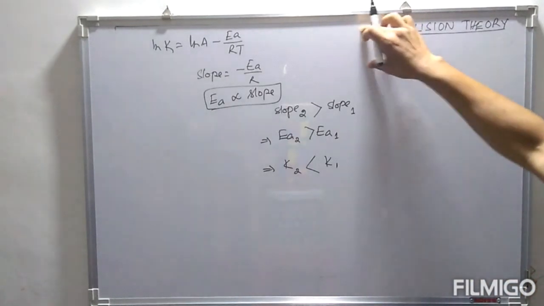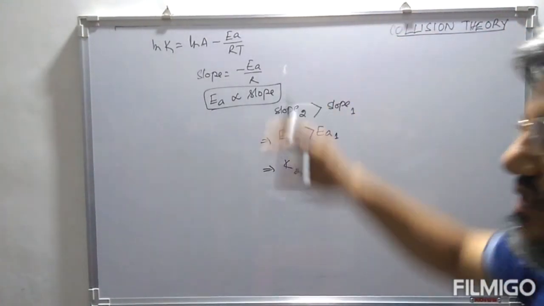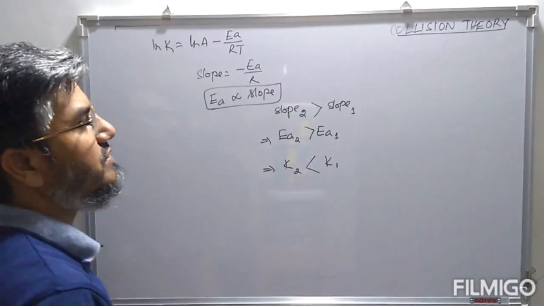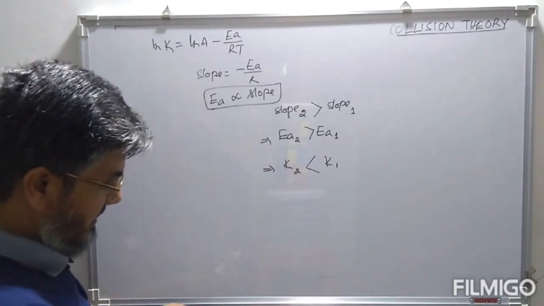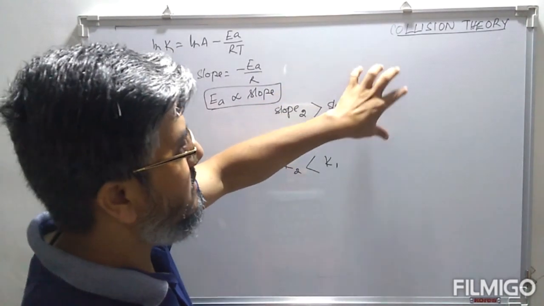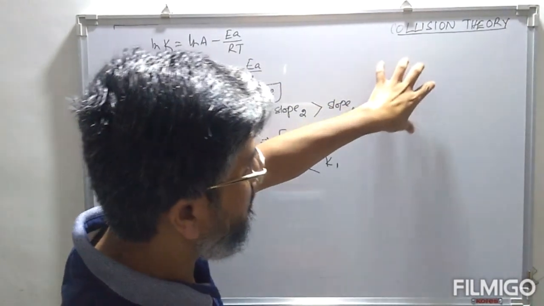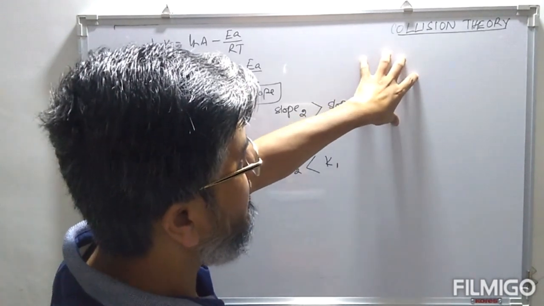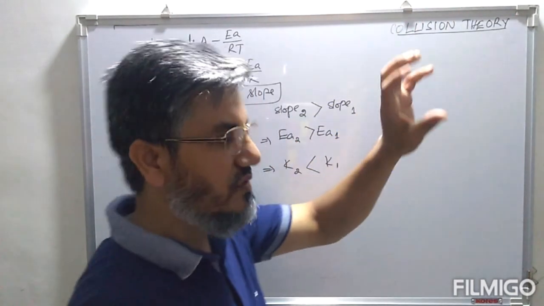Now, what is the basis of collision theory? The main basis of this collision theory is that during the course of a chemical reaction, the reacting molecules must come closer and must undergo collision.